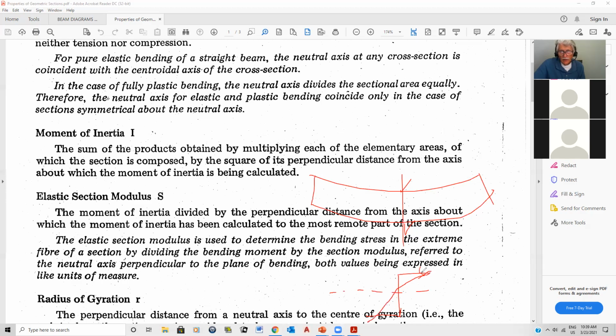Therefore I can actually calculate the value of that stress. If I know my moment and my section modulus, I can calculate the stress at that point in the beam.